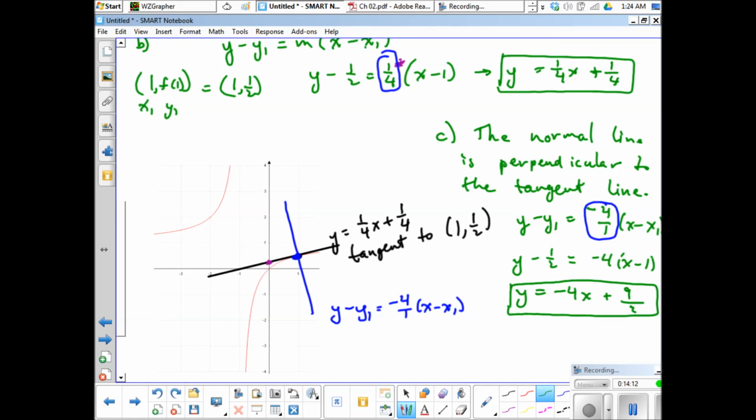And that's because this over here distributes to make a positive 4, and you're adding a half over. So that's 9/2. And that's the equation of the normal line. Y is equal to negative 4x plus 9/2. And that'd be the answer for part C.